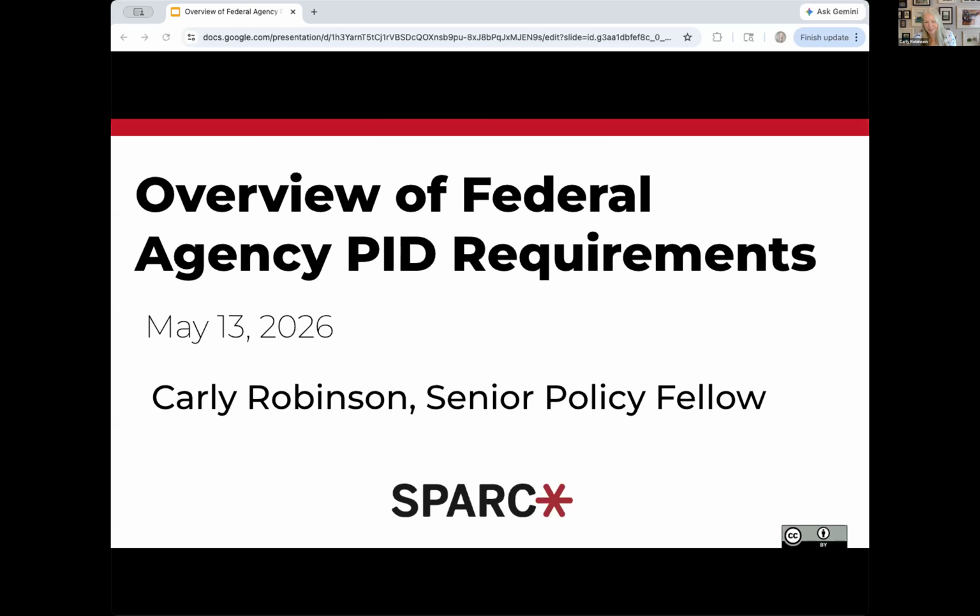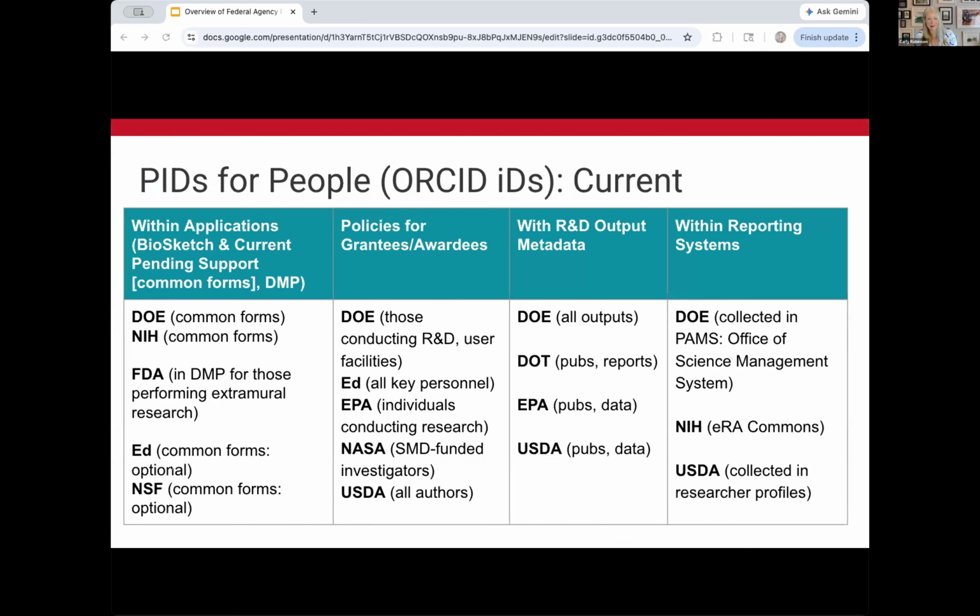There are different points within agencies' workflows where persistent identifiers for individuals come into play. Starting at the very early stages as you're applying for funding, these can be included in the common forms, the biographical sketch, and the current and pending other support forms. And you'll hear Bart talk more about that in relation to SciENcv.